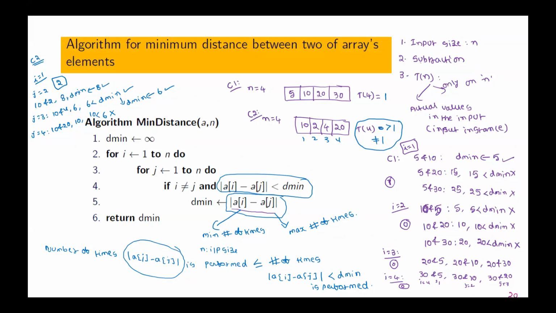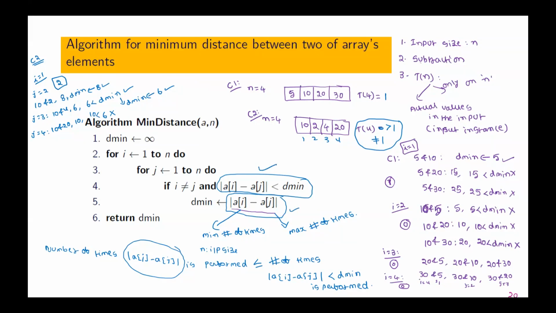Then that operation we consider as the most important operation, the operation which contributes more to the total running time of the algorithm. Its contribution towards running time is more, and this one's contribution towards running time is less.